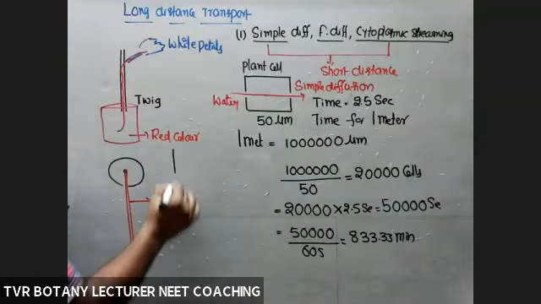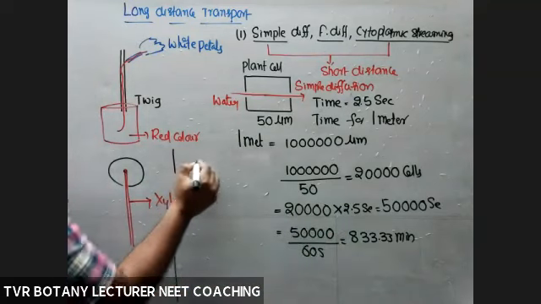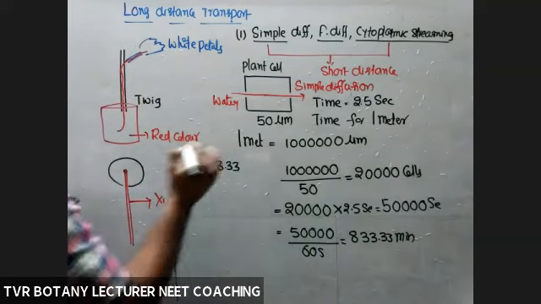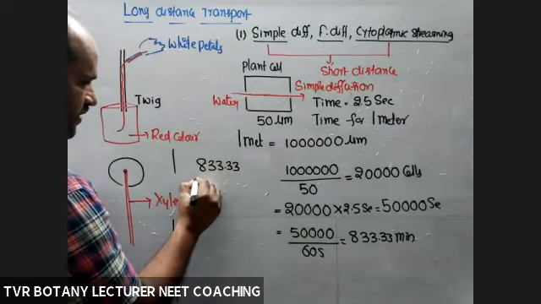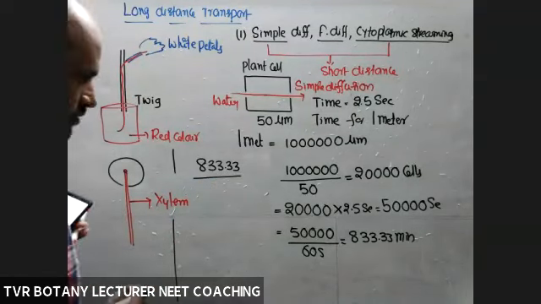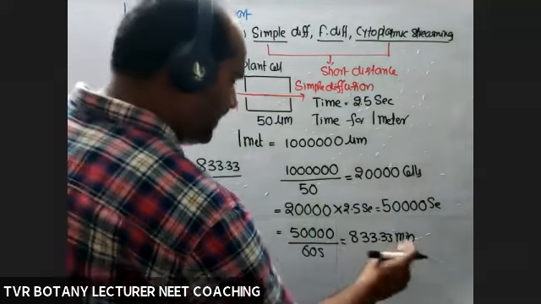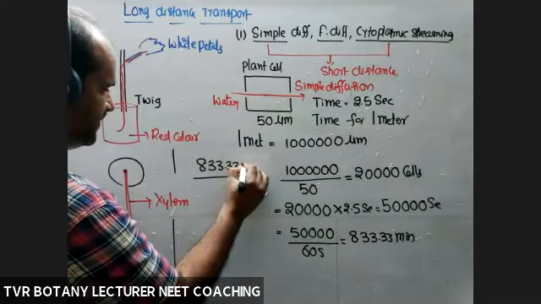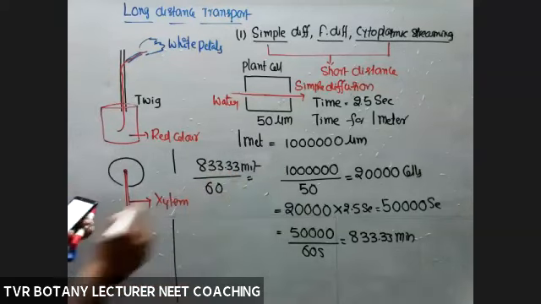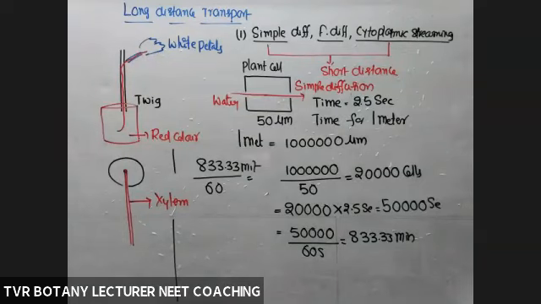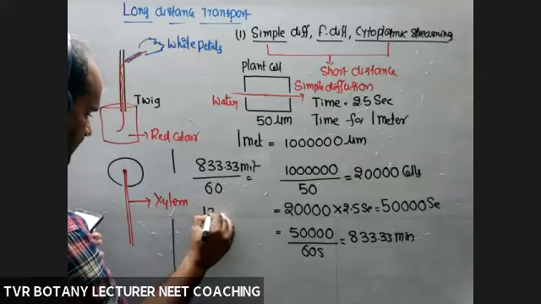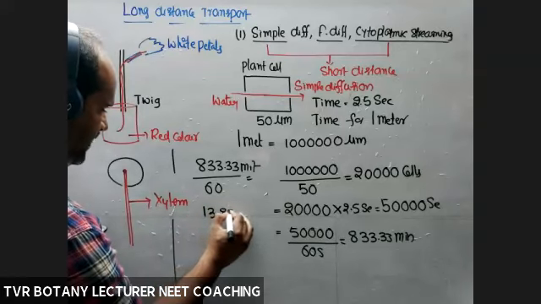Okay, next. Continue with hours here. 833.33 minutes, divided by 60, convert this one into hours. So what about the value? 13.88 hours.